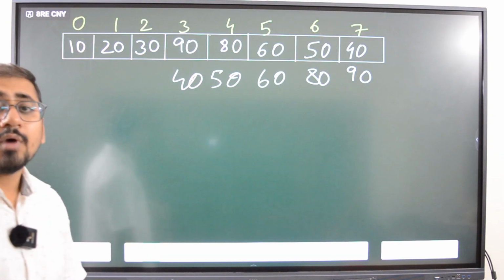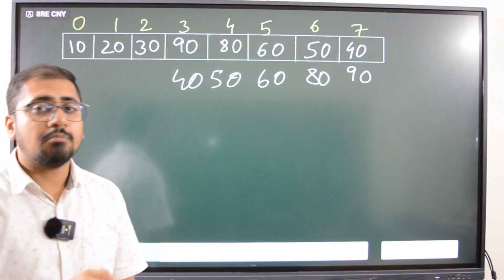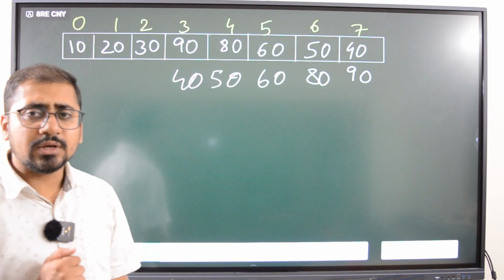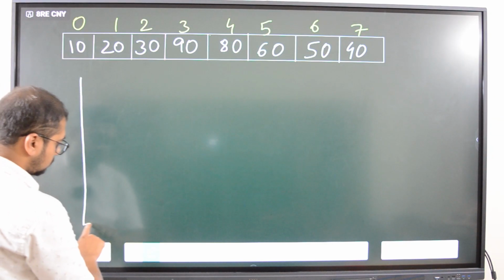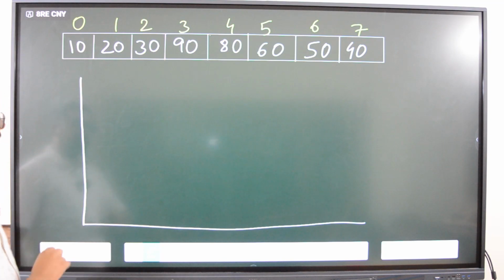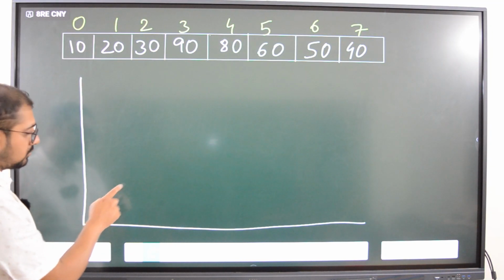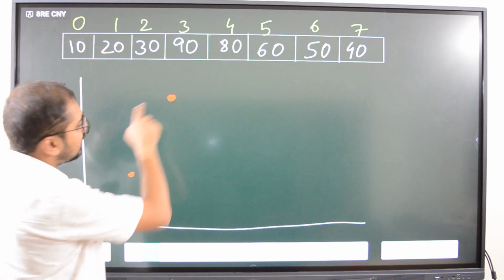So now what we have to do is find the peak of this mountain array. How is this array called a mountain array? Let's have a look by plotting it into a graph. Suppose I have a graph over here and I plot the points: I have 10, 20, then somewhere 90.